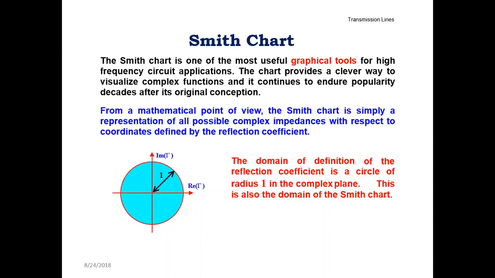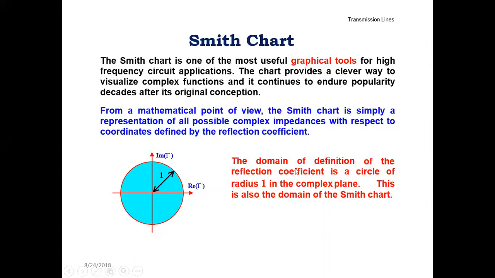Now when I say normalized impedance, always remember that on the Smith chart you plot the normalized impedance and normalized admittance. I'll tell you what exactly a normalized impedance and normalized admittance are. For the time being, just understand the basic concept of the Smith chart. From a mathematical point of view, the Smith chart is a representation of complex impedance with respect to coordinates.